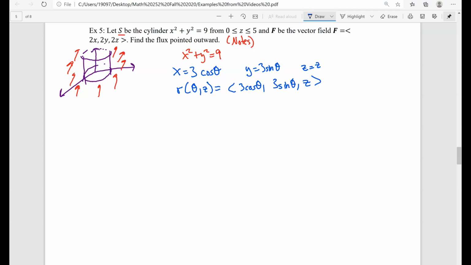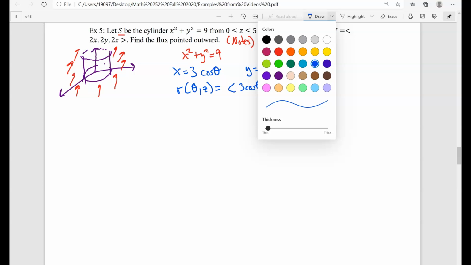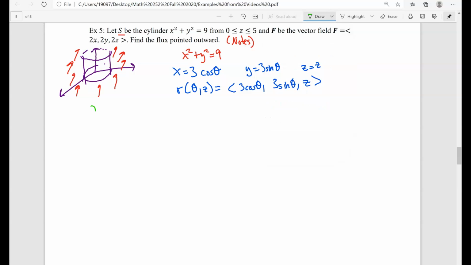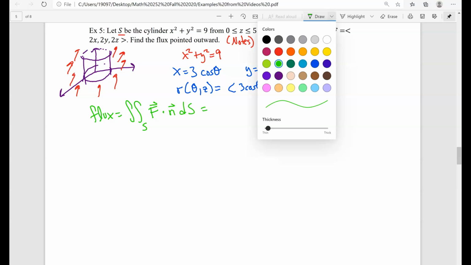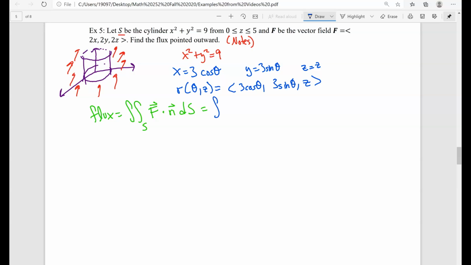Okay, now how do you find the flux when something is like this? Notice that we can't find the flux the same way that we did in the previous problem, because this is not a simple parametrization. It's not one of the basic ones. So how do we go about this? Well, to find the flux of the surface, the vector dotted with the normal vectors over dS, we need to use this other formula: the double integral over the region D of the vector field.